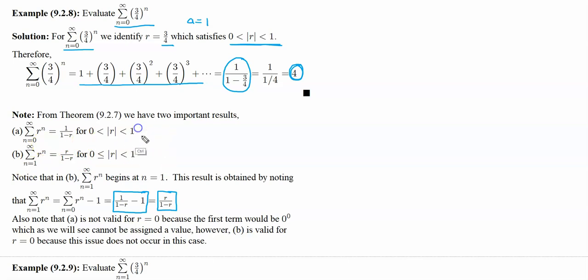So that's how we end up with this result. So these are two very important results that you should note. The sum from 0 to infinity of r to the n is 1 over 1 minus r, as long as r satisfies this. And the sum from 1 to infinity of r to the nth power is r divided by 1 minus r. Now that is for r satisfying this.